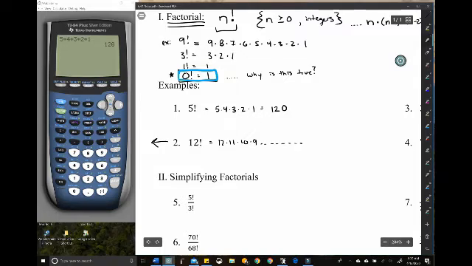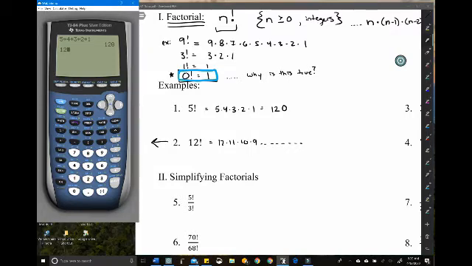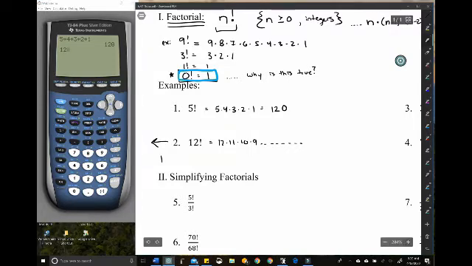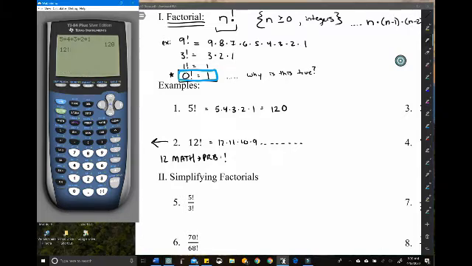the shorthand on your calculator is to type in 12, then hit math, over to probability, and hit 4 or the exclamation point, and that will find the factorial for you.